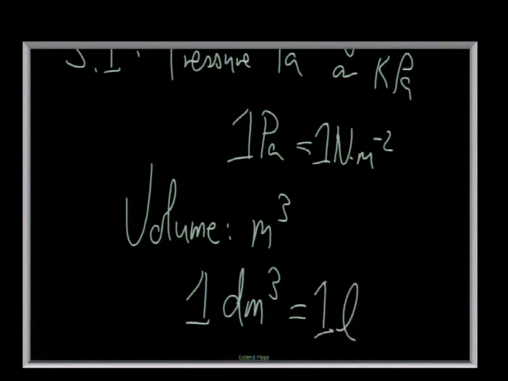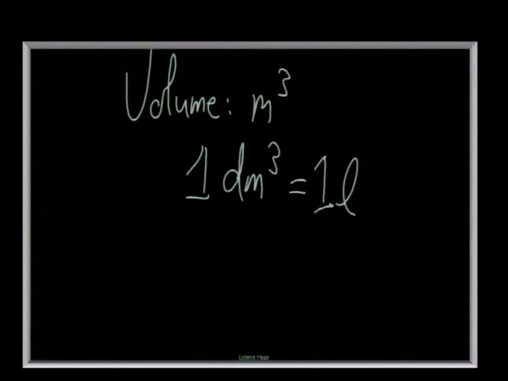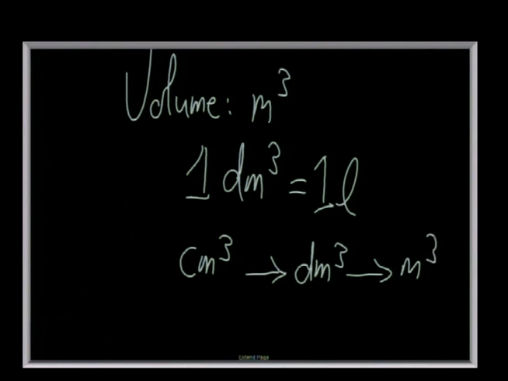Okay, and the difference between decimeters cubed and meters cubed is an interesting phenomenon to look at. It's a factor of 1,000. So what we need to be very careful about is in converting from things like centimeters cubed into decimeters cubed. You need to be on your toes when you do these conversions to meters cubed as well.